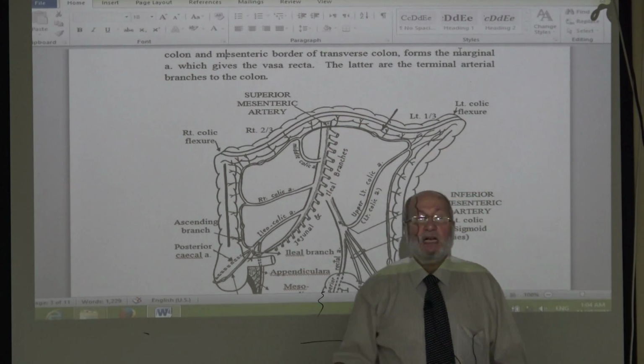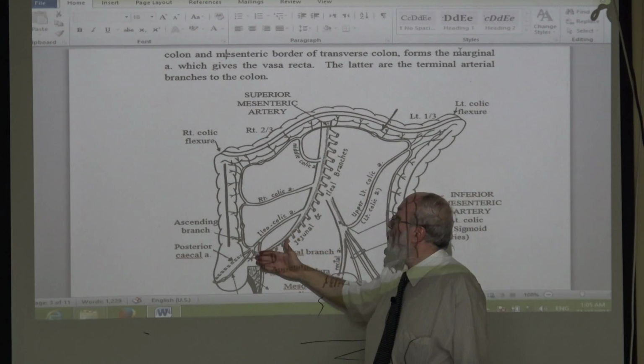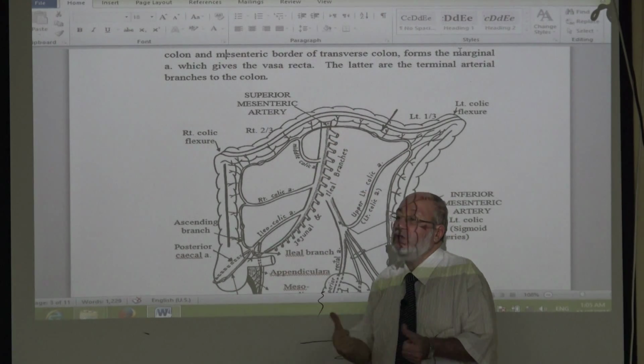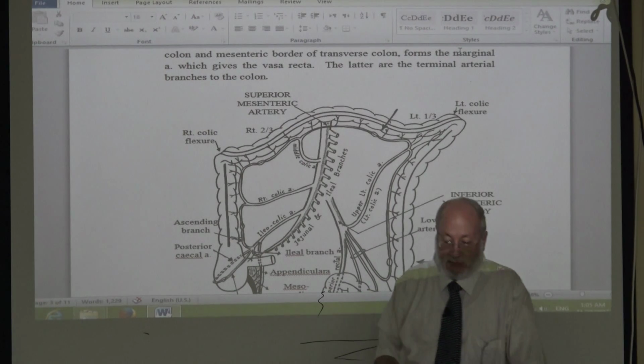Therefore, this is the venous drainage of the mid gut by superior mesenteric vein, which corresponds to the superior mesenteric artery.